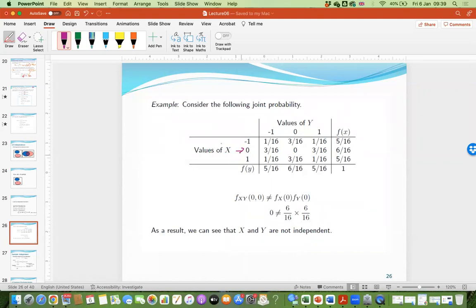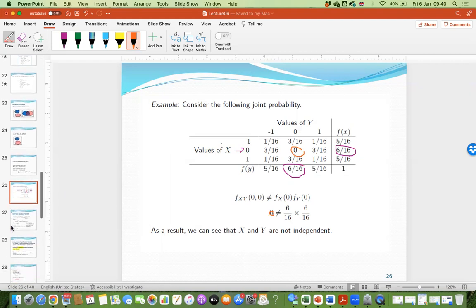My marginal of x equals 0 is 6/16, and my marginal of y equals 0 is 6/16 as well. My joint f(0,0) is 0. Compare that with 6/16 times 6/16. Are they the same? Apparently they are not, and therefore they are not independent. If they show the same value, they are independent.